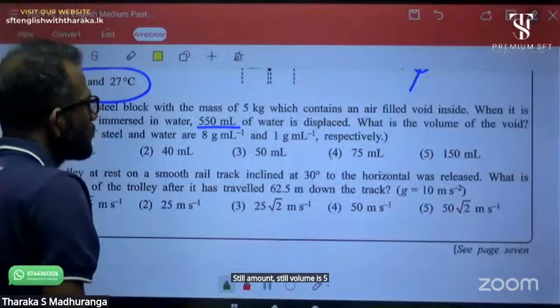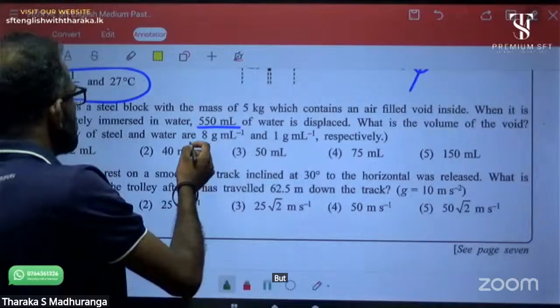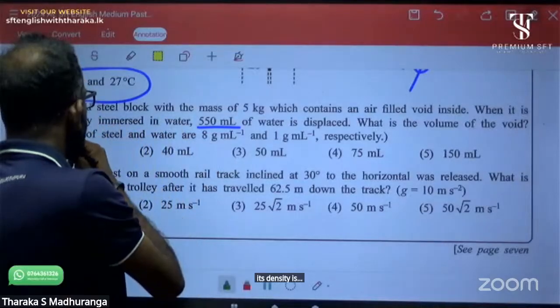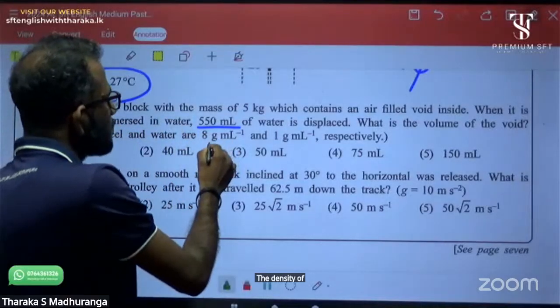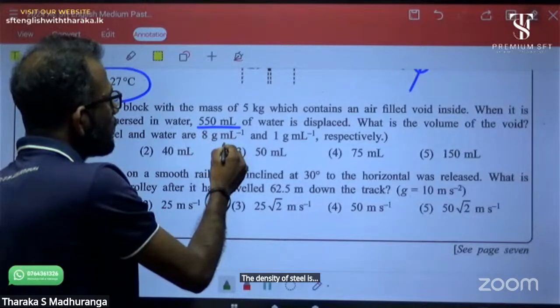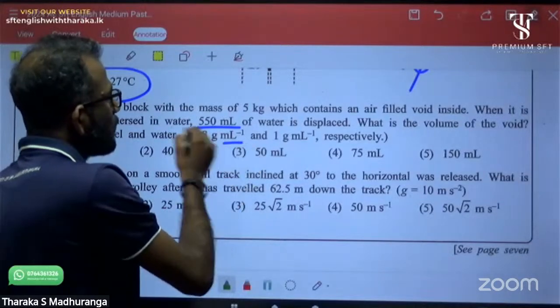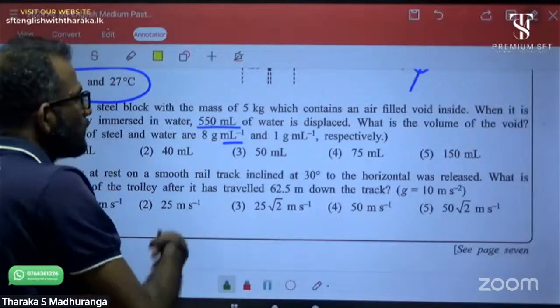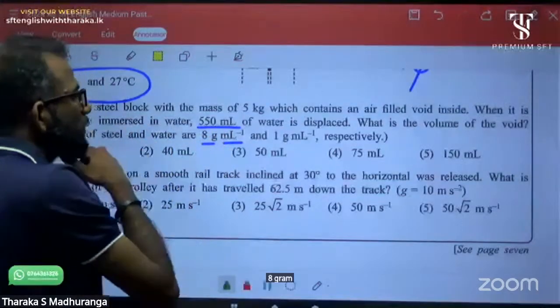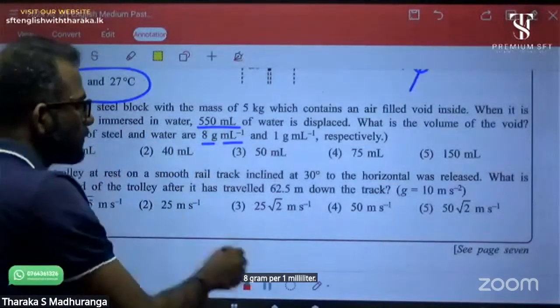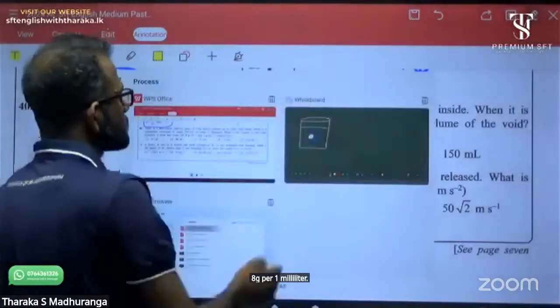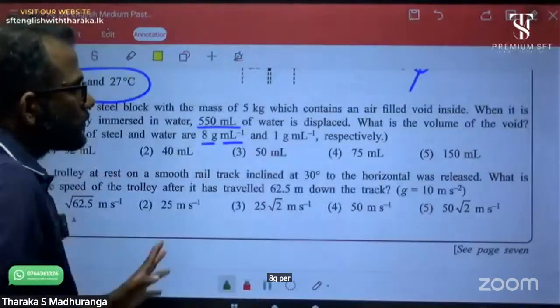But its density, the density of steel, is 8 gram per 1 milliliter. It's a good question.